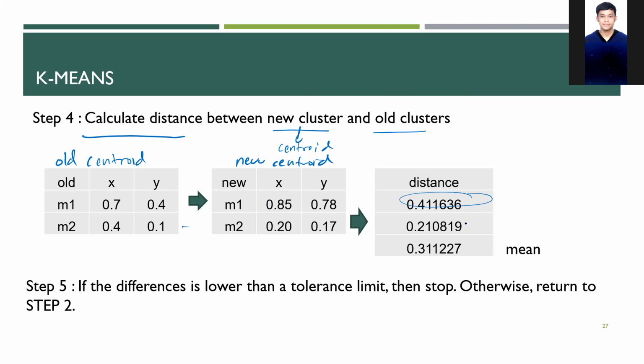This is for the second cluster. The distance is this. Let's say the easy way is to use the average of these two, for example 0.3. If this distance is still higher than the tolerance limit, then we have to go back to step 2. But if this value is less than the tolerance limit, it means we can assume that the new cluster is not really different from the old cluster, so we can stop.